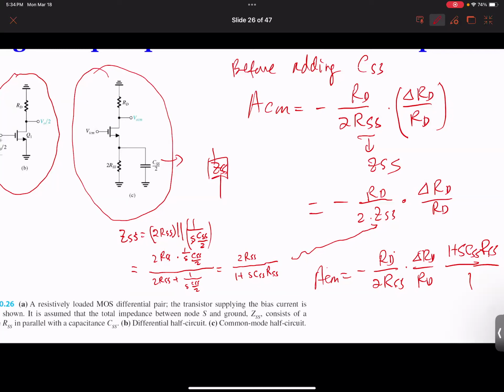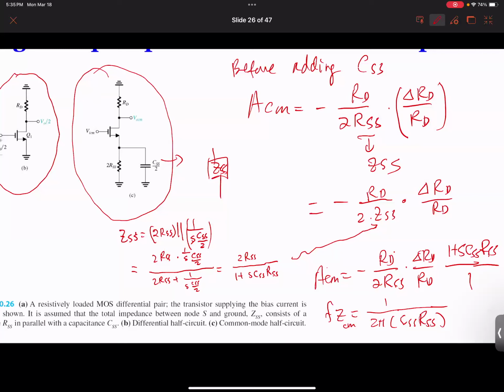For the 3 dB frequency, you can write it down. I call it f_0 because it's the zero, for CM. It's going to be 1 over 2 pi times C_SS times R_SS. So this is your zero at this frequency.